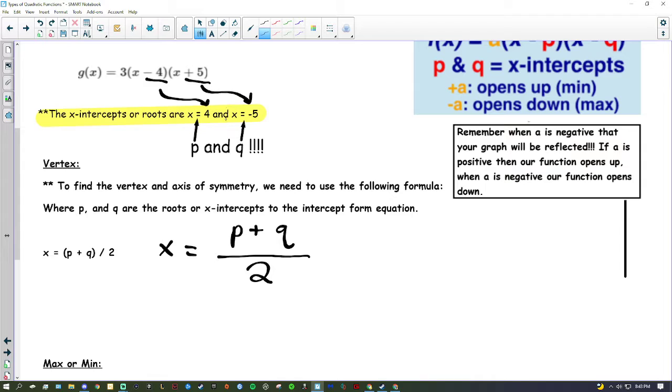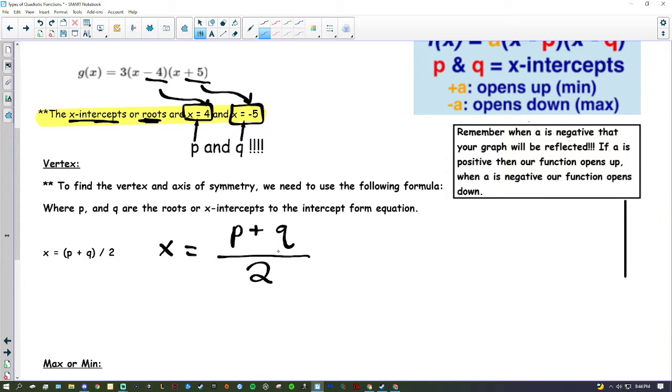Okay. So here, we had 3 times x minus 4 times x plus 5. The x-intercepts, or the roots, were 4 and negative 5, because we flippity-flopped them. After we find P and Q, it's time to find the vertex. So we have x equals P plus Q over 2.